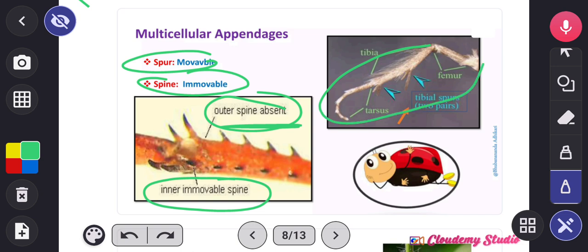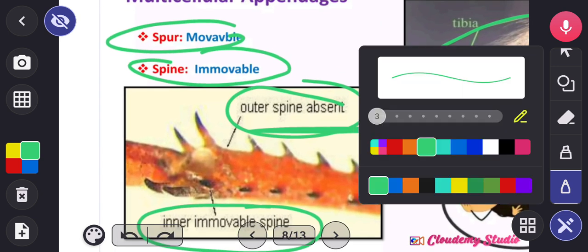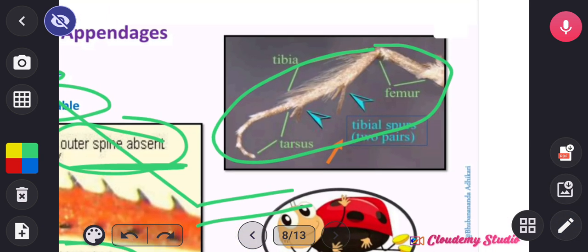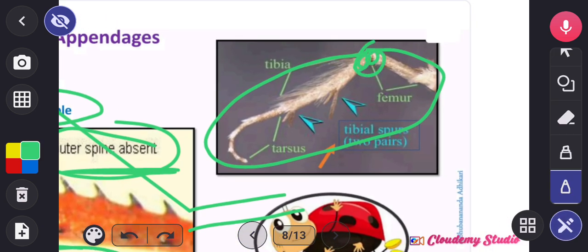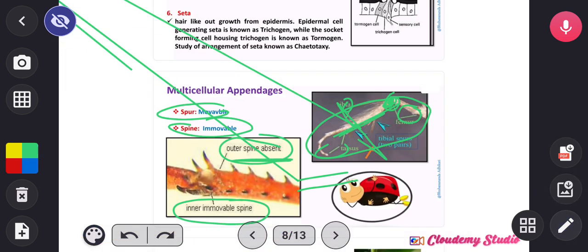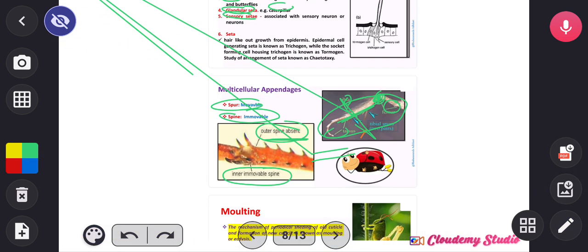This is the leg of a typical insect, and one of the things I told you about them is that they have jointed appendages. This is a joint around this place. Can you see? And it is movable. This is the tibia, this is the tarsus, and this is the femur. The femur is attached to the tibia. It can move up, it can move down, and this helps them in movement, or motility. So that is the concept.